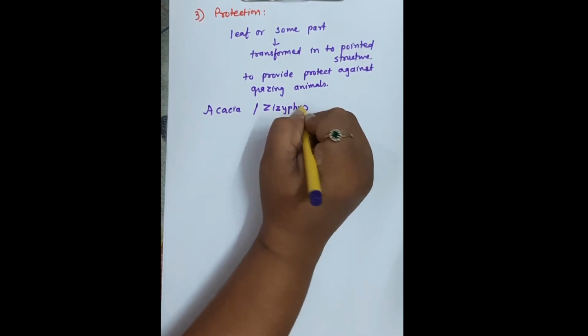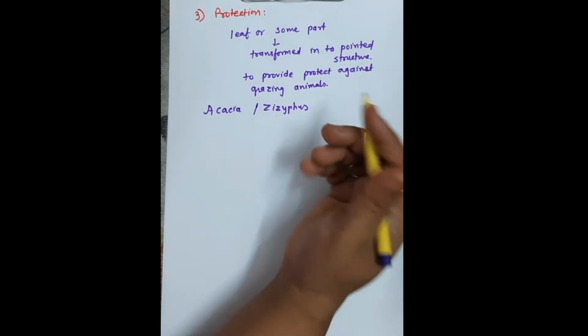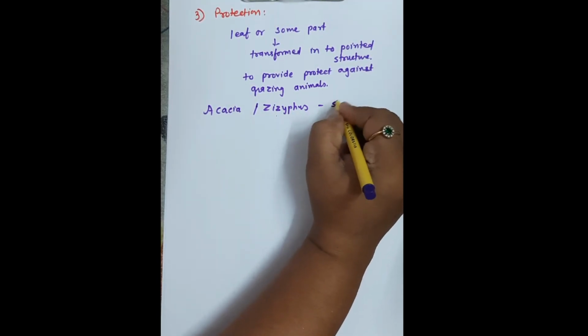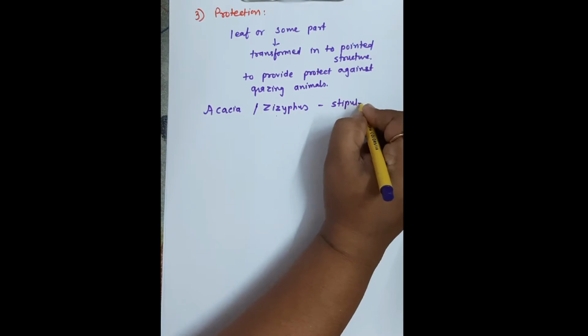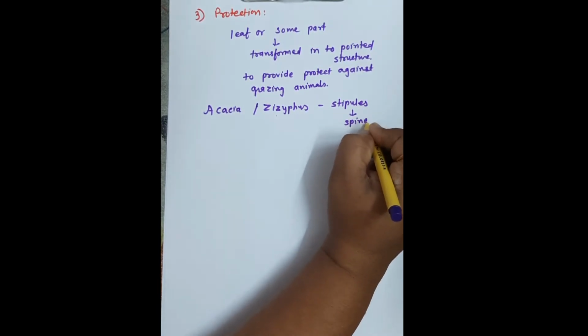You know ना, acacia जिसको बावड़ बोलते हैं, ziziphus that is boar. So here the stipules become spiny, which always occur in pair.